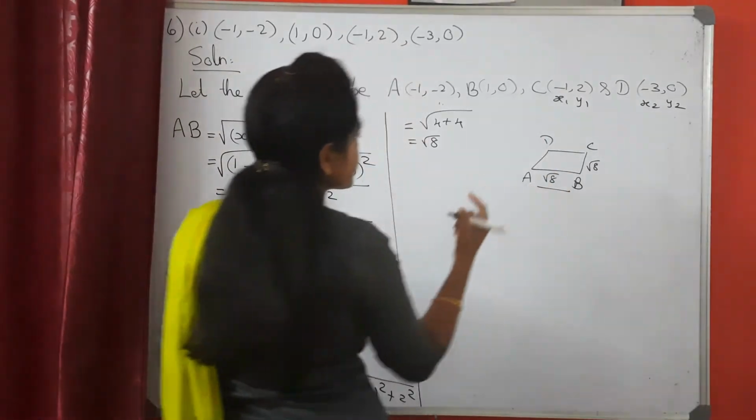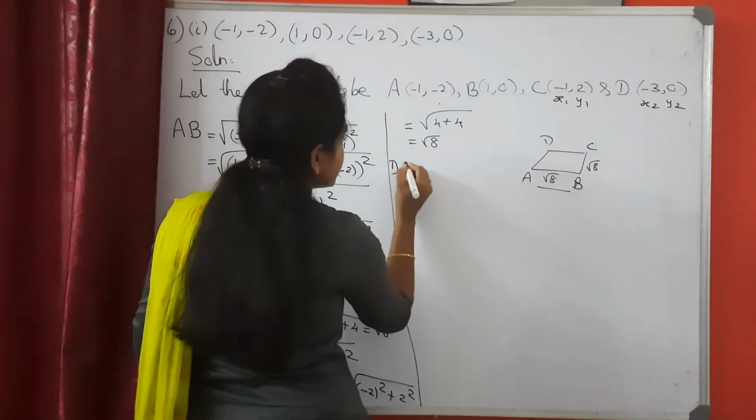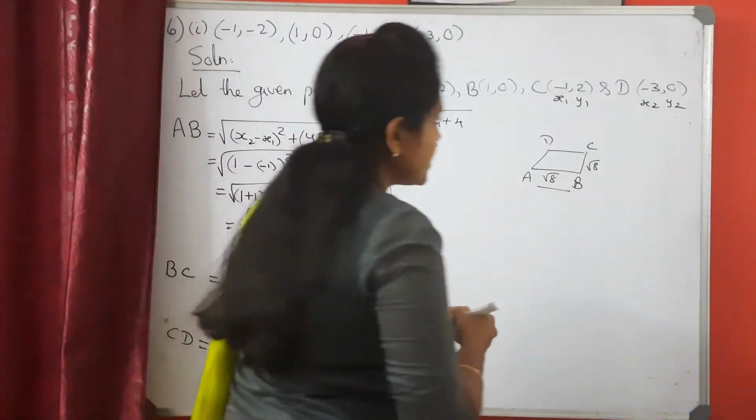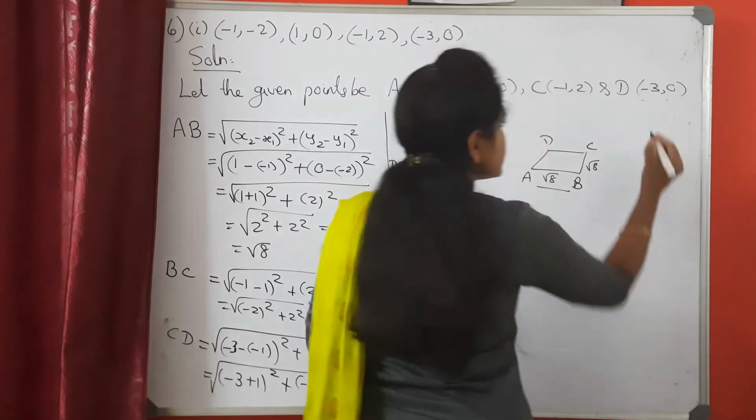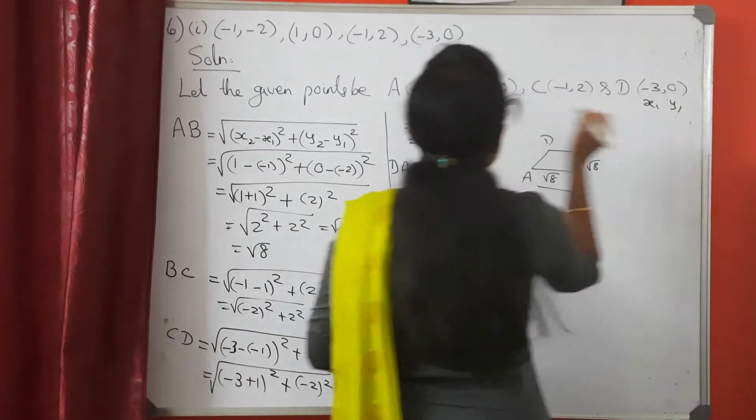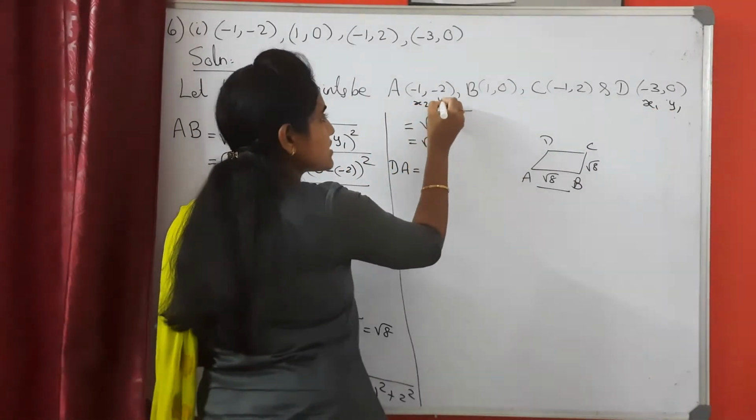Next we need to find DA. Now this is x1, y1 and this is x2, y2.